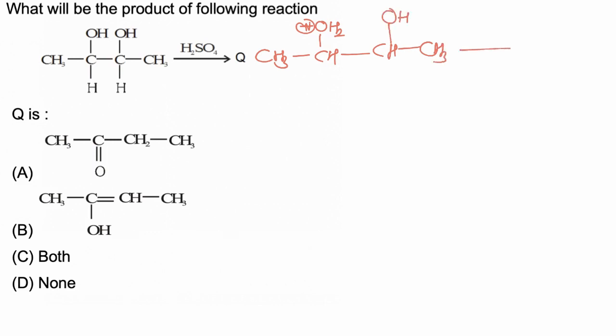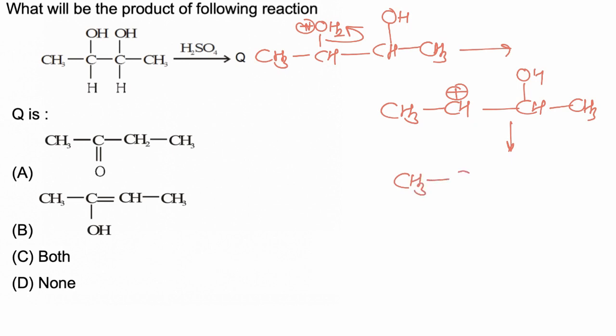Now water will be eliminated, and after removal of water will be converted to CH3, CH positive, CH, OH, CH3. Now this carbocation can be further stabilized more by hydride shift. So after hydride shift, CH3, CH2, C, OH positive, CH3 will be formed.